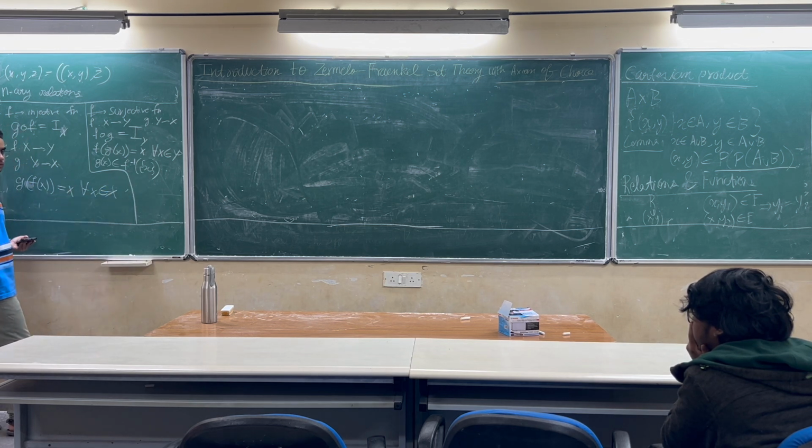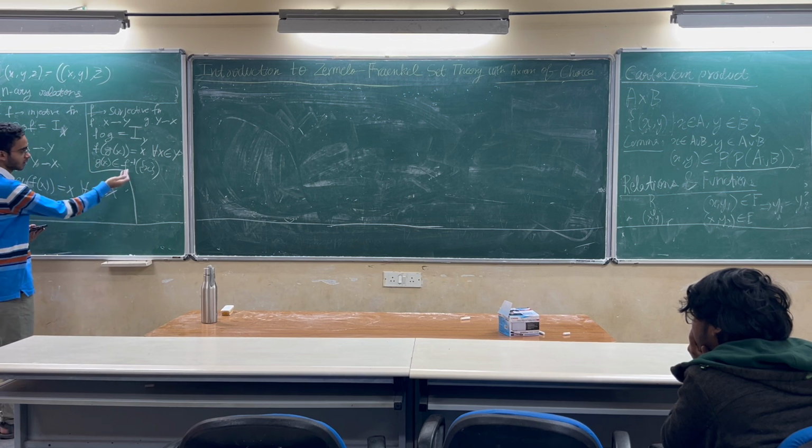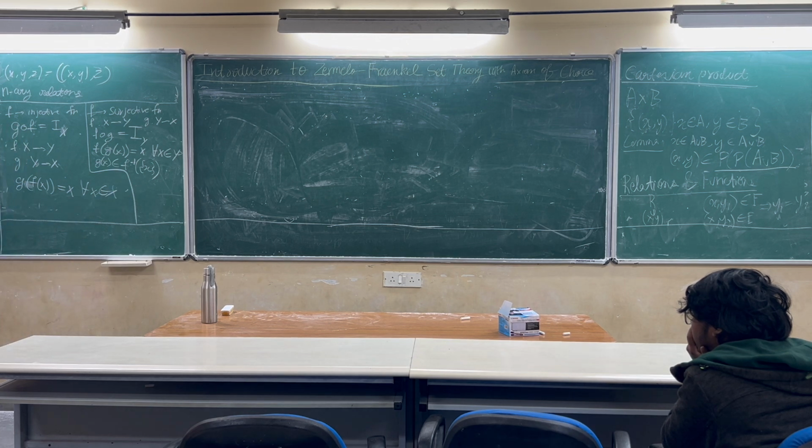It might even be infinite, uncountable, whatever. So the problem is we have to make a choice every time. For every y, we have to pick some element from the inverse image of the singleton {y}. And it turns out that this cannot be done using the axioms we already have.